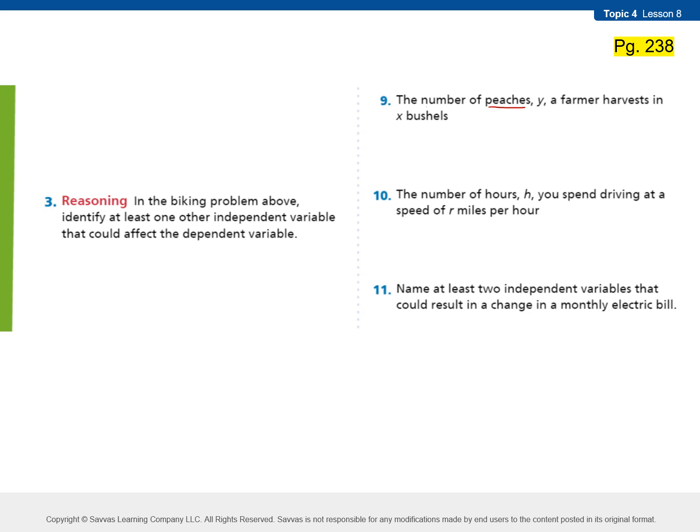The number of peaches is going to change depending on how many bushels the farmer is going to harvest. So the one that's depending on the other is your peaches. So dependent is the variable Y. Independent is the variable X.